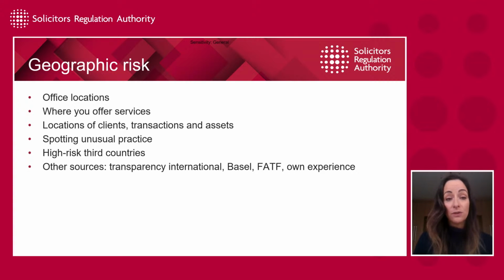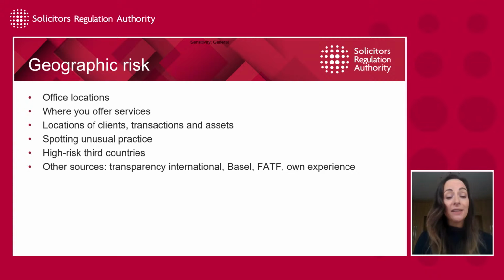So if you do operate outside the UK, do you operate in jurisdictions with anti-money laundering regulations and controls that are not equivalent to the UK? Some other things to consider, is there any work referred from jurisdictions outside the UK, or if you provide services to clients based outside the UK? And think about whether you have a process in place for assessing geographic risks generally.